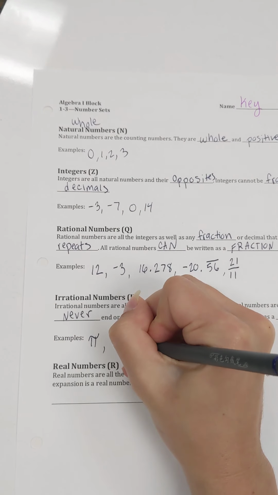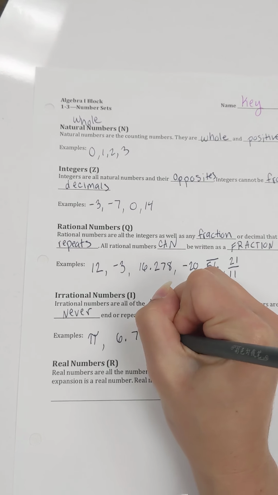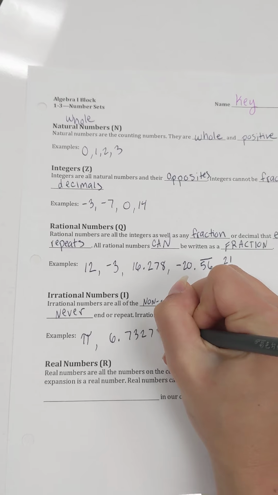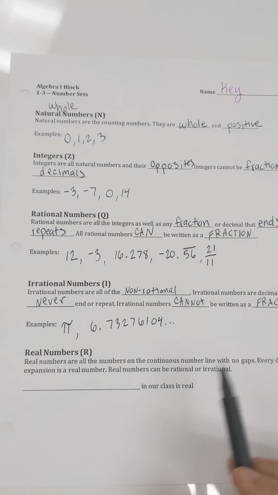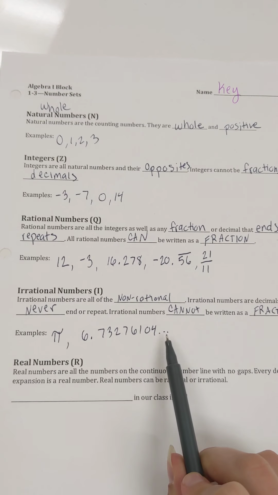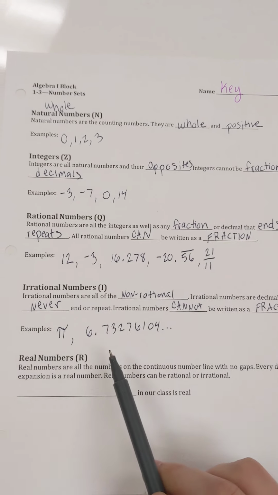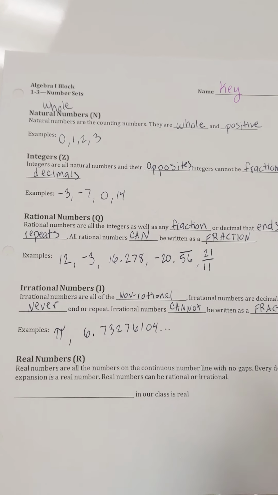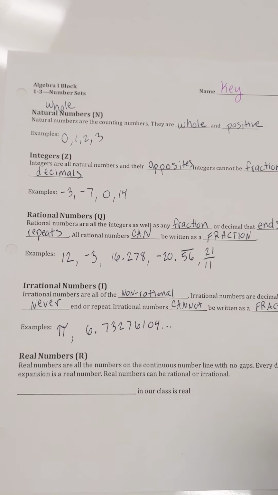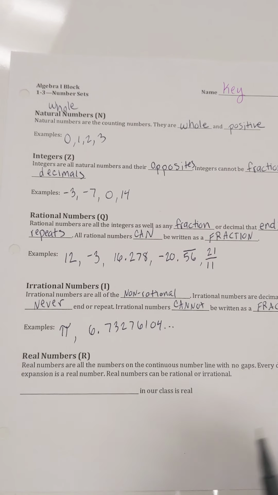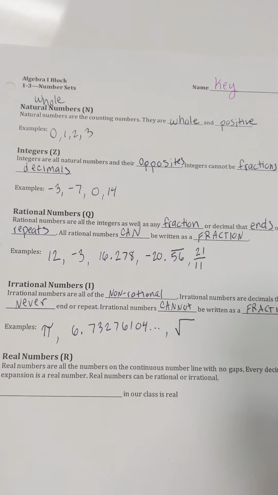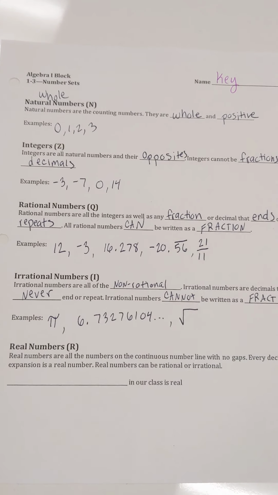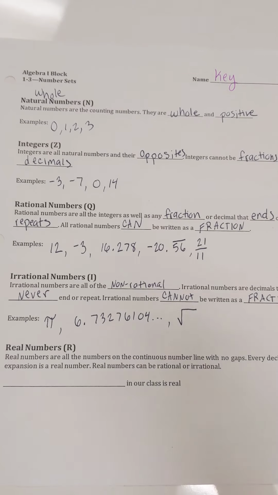Another example would just be a number like 6.73276104, and then it goes on and on forever. When it has these dots at the end, it lets you know it's going to continue forever, and you see how you don't notice a pattern? It means there's no pattern to it, it's not repeating, and it's not ending. That is irrational. A lot of square roots are irrational. Not every square root number, but a lot of them.